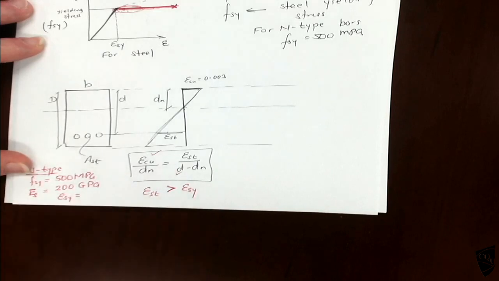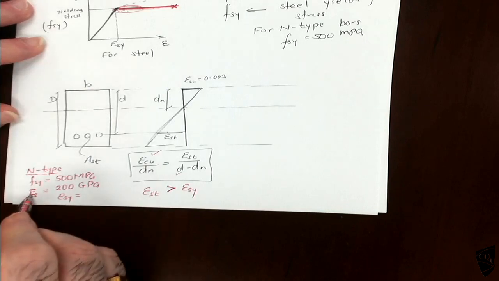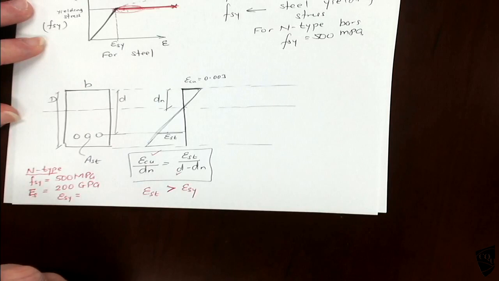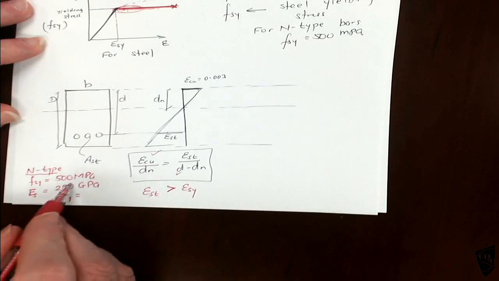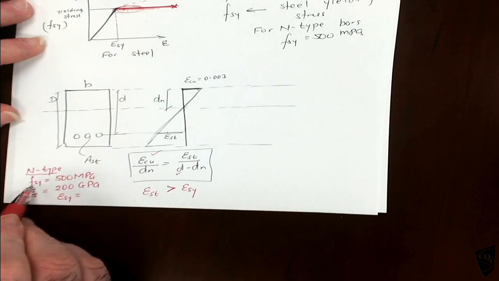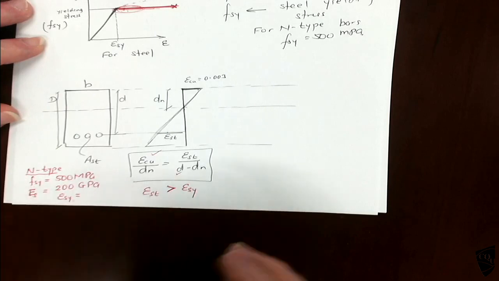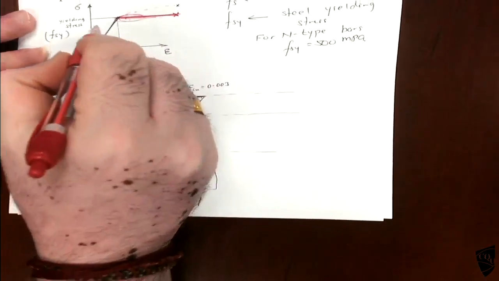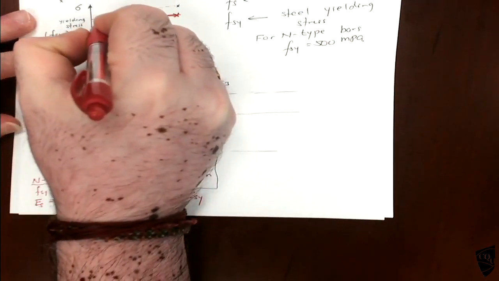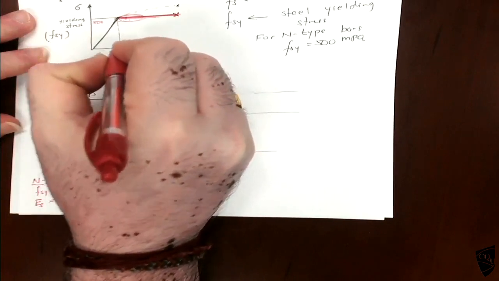Can someone tell what is the yielding strain? Student: 500 MPa is the maximum yielding stress. Yes, but I'm asking about the yielding strain. So this is 500. I'm asking for this value.